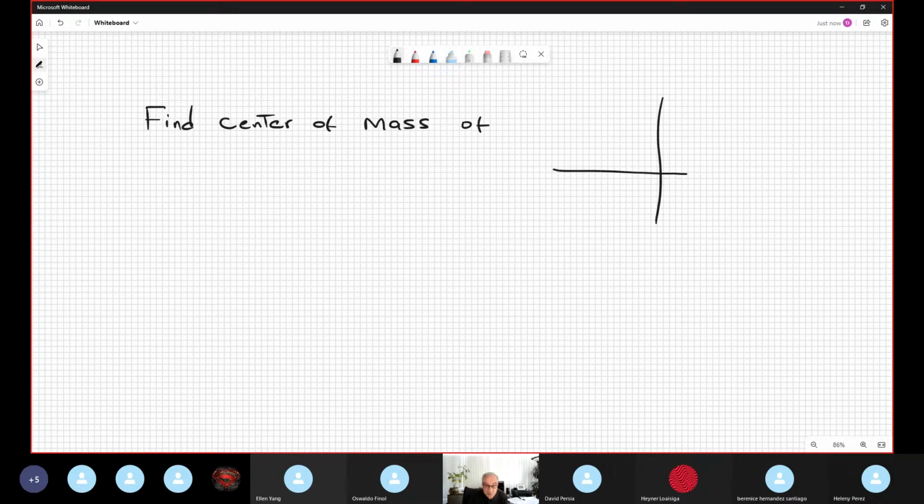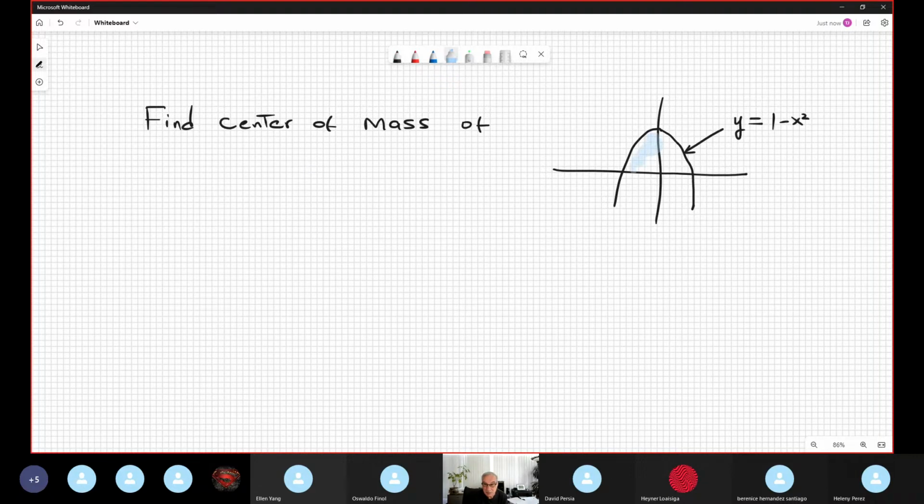Okay, this figure is a parabola, no? Yeah, it's a parabola like that. The equation for this parabola is y equals 1 minus x squared. So my solid, guys, is this.